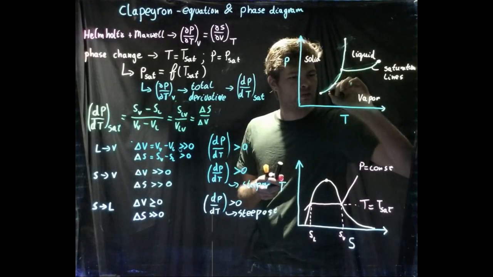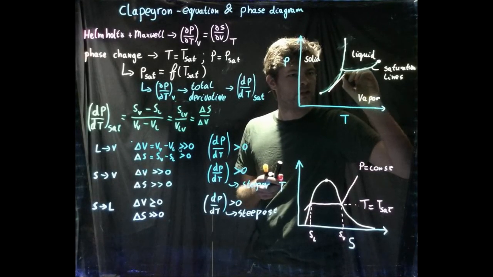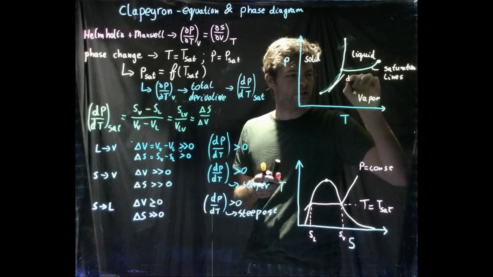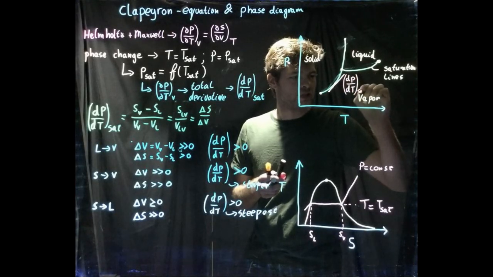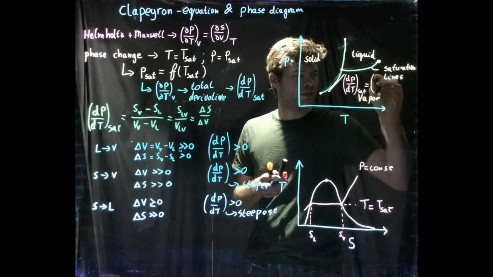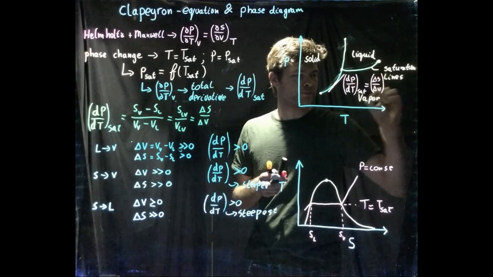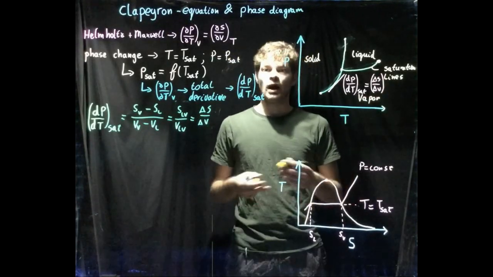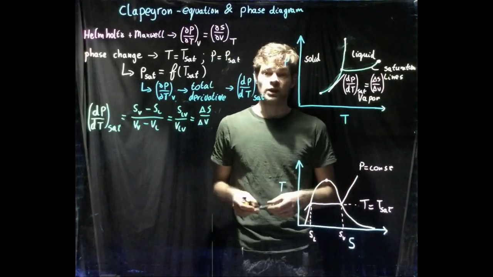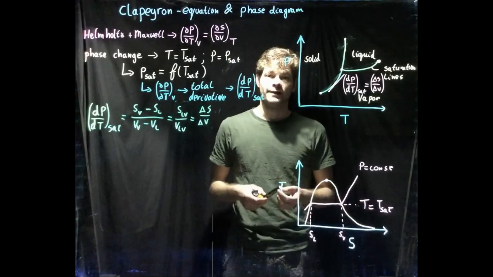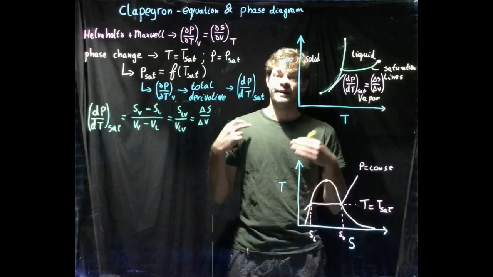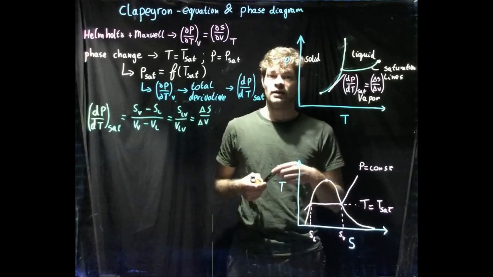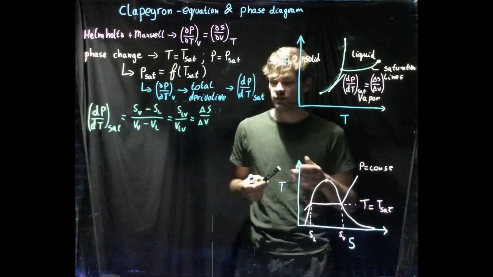Now we know that the ratio of the pressure with respect to the temperature, dP/dT, at such a saturation line is equal to delta S over delta V. So now I'm going to show you how to derive the Clapeyron equation, which can be used to determine the rate of change of pressure with respect to temperature at the saturation line, for the amount of enthalpy you need to add.